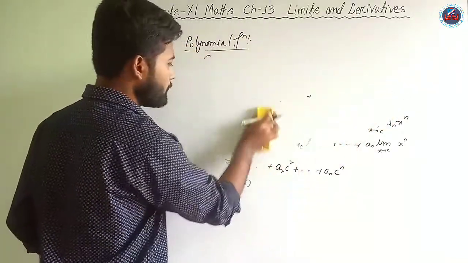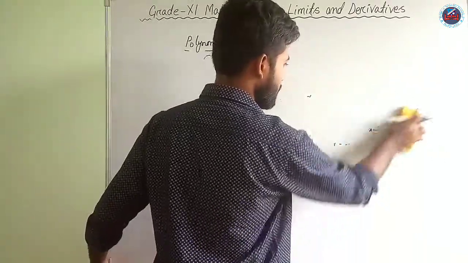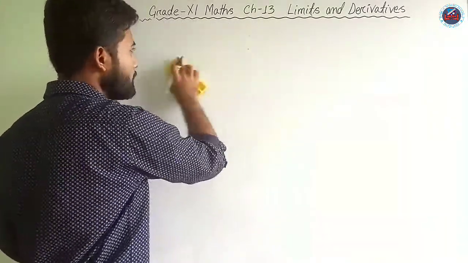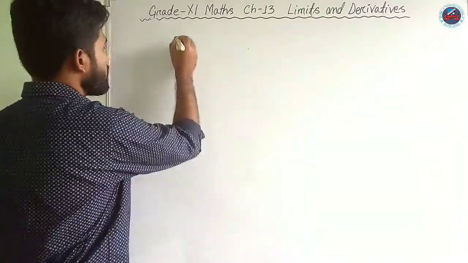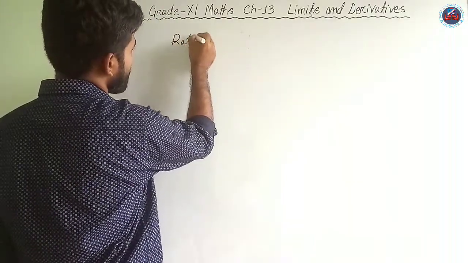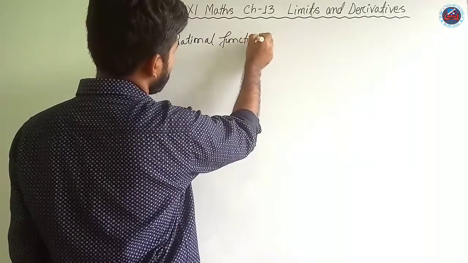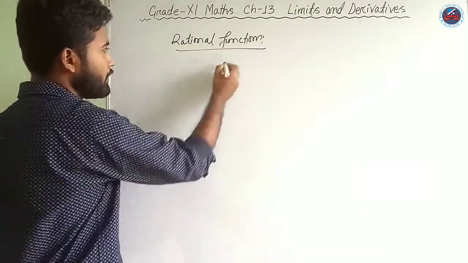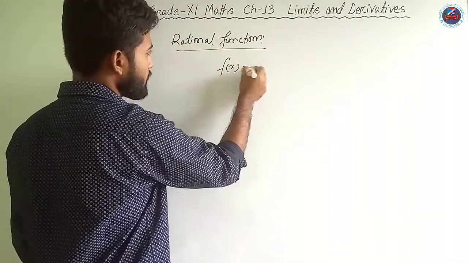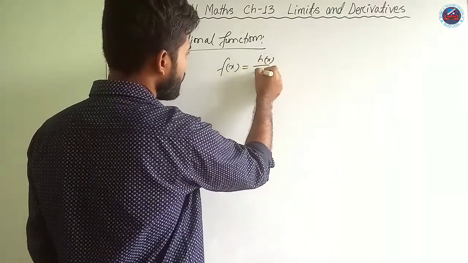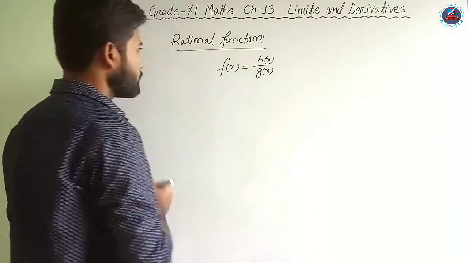And next we have rational functions. How to find the limit of rational functions? That is quite easy. Let us say f(x) is a function which can be written as f(x) = h(x) divided by g(x).